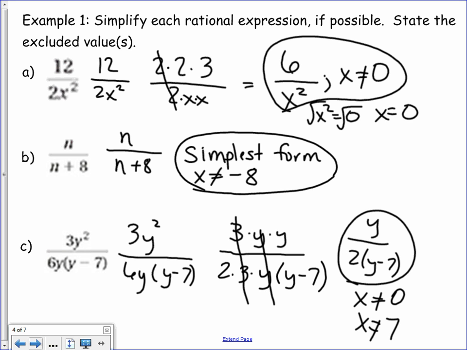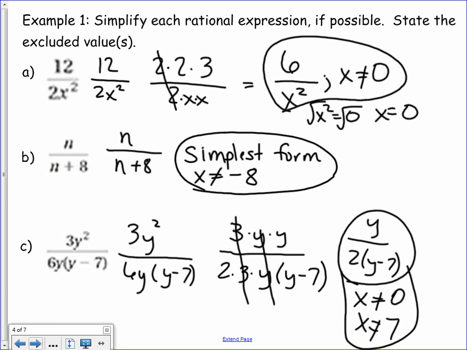The reason we want to use the excluded values with the original equation. Sorry about that. Okay, so we're not going to go off the denominator of the simplified one, you're going to go off the denominator of the original one. And if we come back here and if we have 0, okay, 0 minus 7 is negative 7, but 6 times 0 is 0, and so 0 times negative 7 is 0.